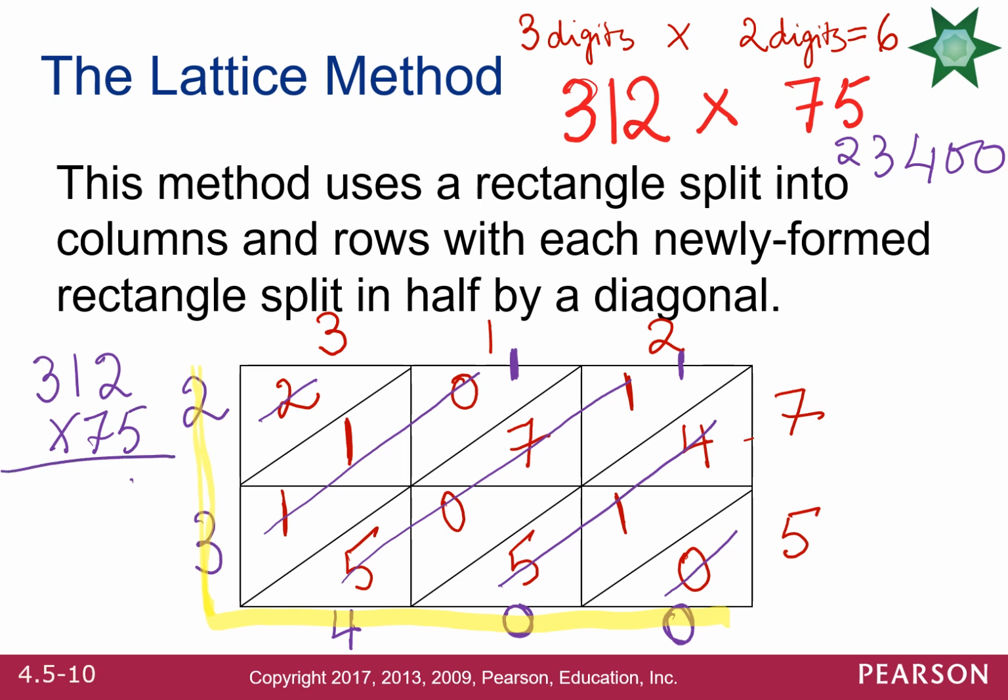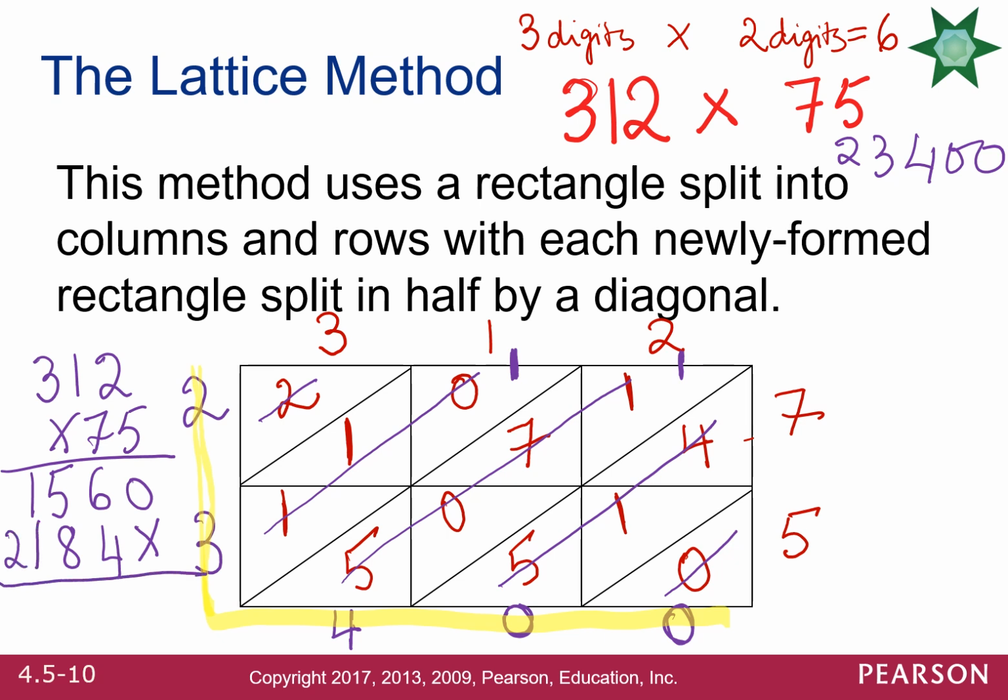5 times 2 is a 10. 5 ones are 5, plus 1, 6. 5 threes are 15. So 312 times 5 is 1560. And then we start the multiplication with 7. 7 times 2, 14. 7 ones are 7, 8. 7 threes are 21.